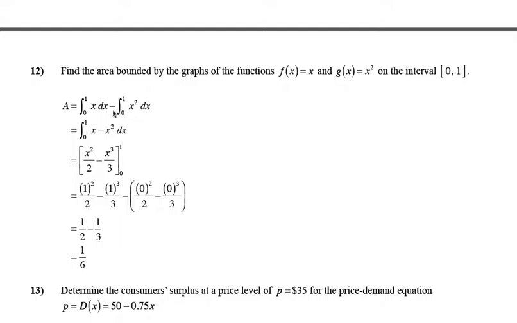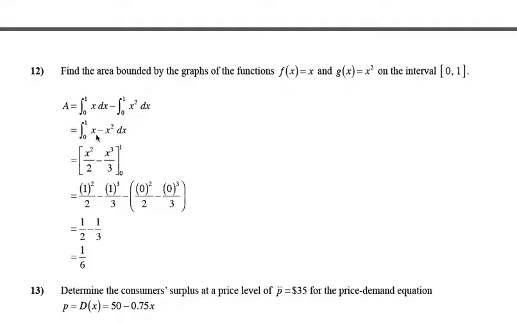Well, when you have a difference of two integrals, you can bring them together into one, and so this negative x squared comes inside, and so we're evaluating the definite integral of x minus x squared on the interval 0 to 1.